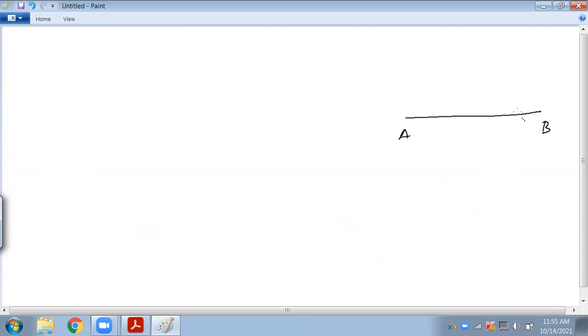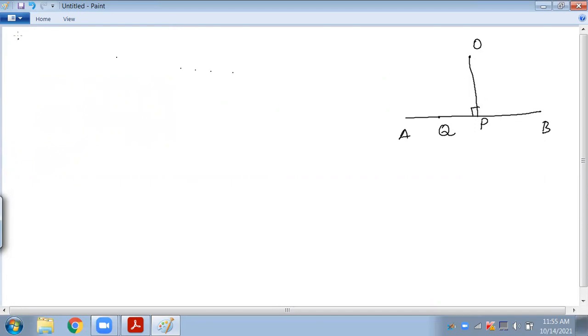There is a point, say O, and from that point there is a perpendicular, say OP. And say there is another point Q. What we have to show is that OP is the shortest line segment.